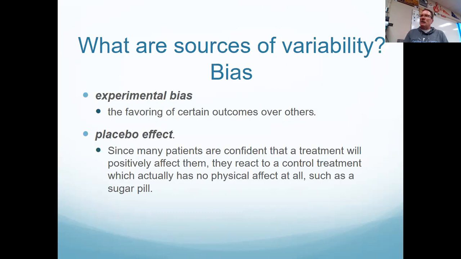Now, what are those sources of variability? And for high school kids, number 1 is the very first one, experimental bias, the favoring of certain outcomes over others. For some reason, high school students may have never seen a lab before, but they get data and they go, we're wrong. They have no idea what's supposed to be going on, but they go, we think we did it wrong. They're already making projections.